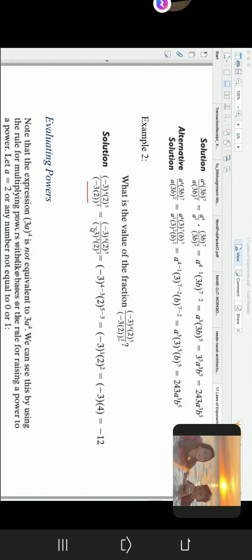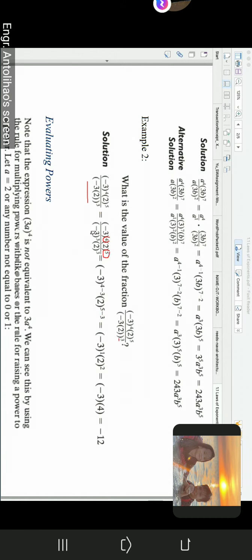So that would be quantity negative 3 raised to 4, then 2 to the 5, all over quantity negative 3 raised to 3. So that's negative 3 cube times 2 cube.